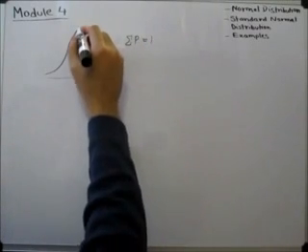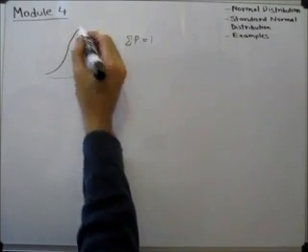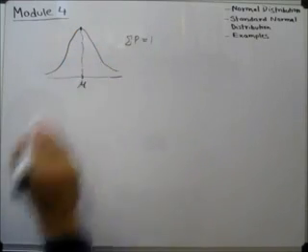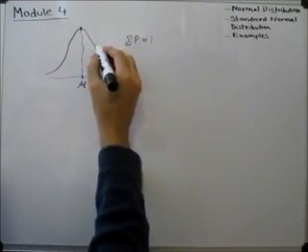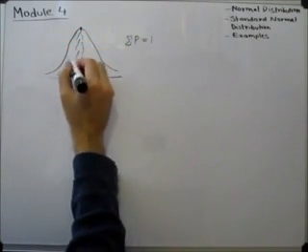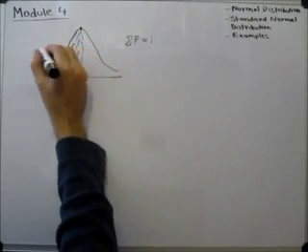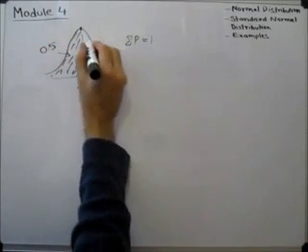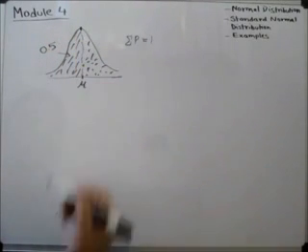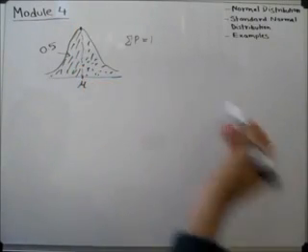Therefore, the mean, which is also, by the way, the median, splits the curve in 2 segments, and the area under each of these 2 segments is 0.5. So in other words, a normal curve is symmetric about the mean, median, or the mode.